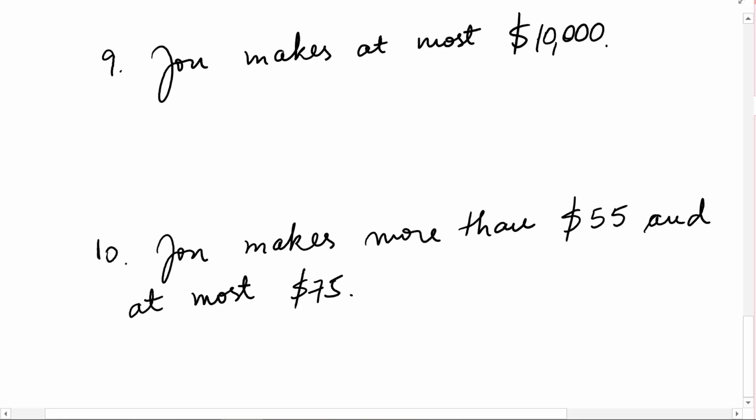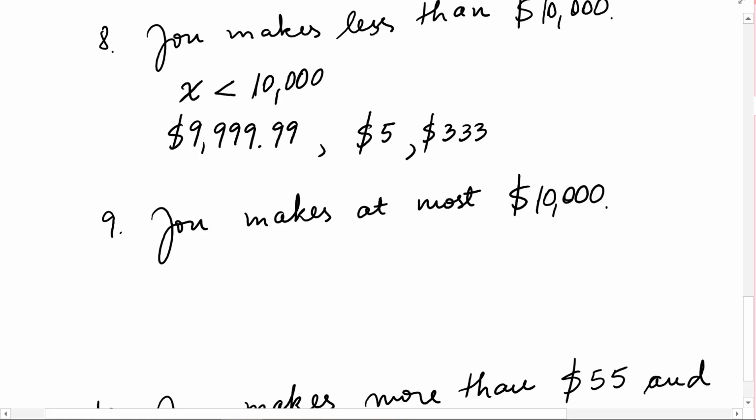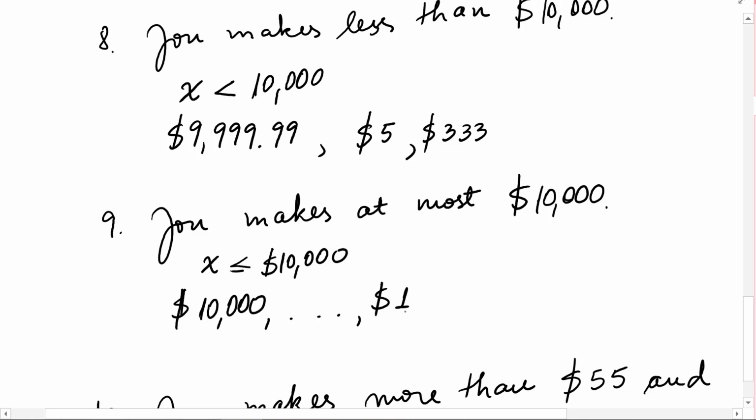John makes at most 10,000. So at most 10,000, I want to see number 8 as well to make the comparison, means x less than or equal to 10,000, which means he might make 10,000, but at the same time, he might make $1, right?